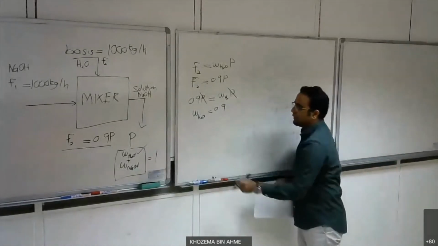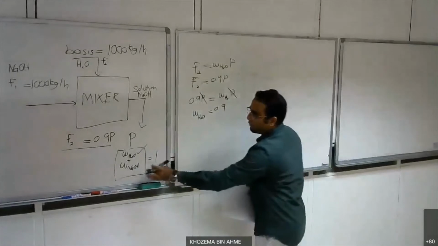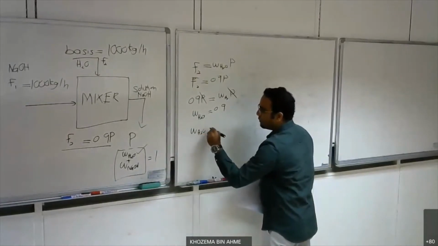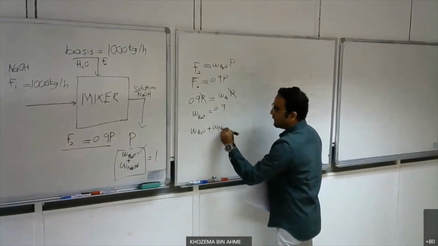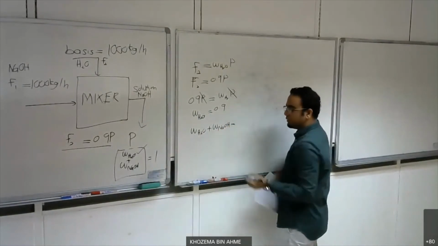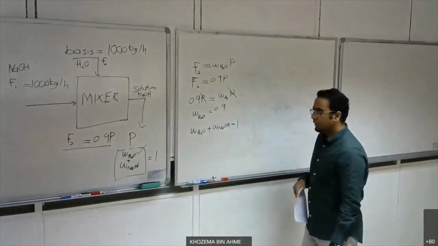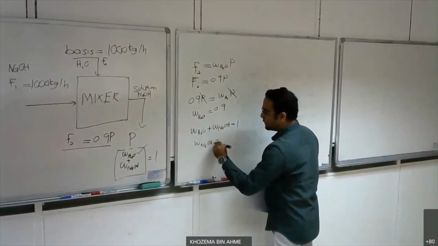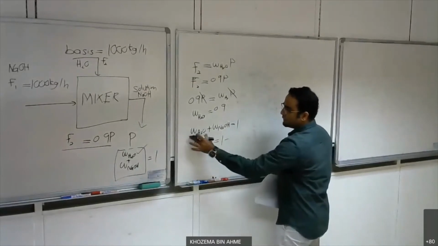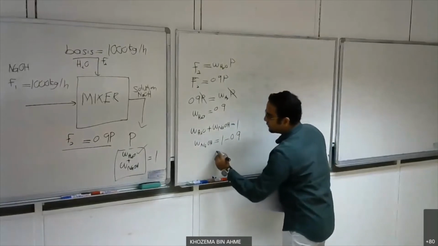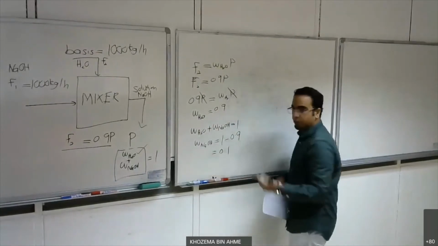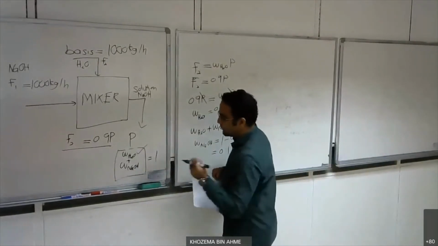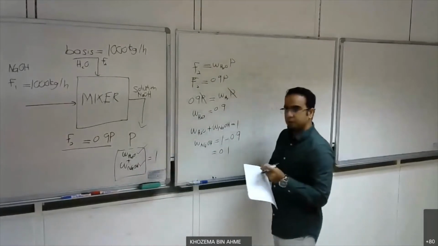Now, if I want to find the value of W NaOH, I know that W H2O plus W NaOH is equal to 1. So W NaOH is equal to 1 minus 0.9, which gives 0.1. So 2 unknowns are solved.